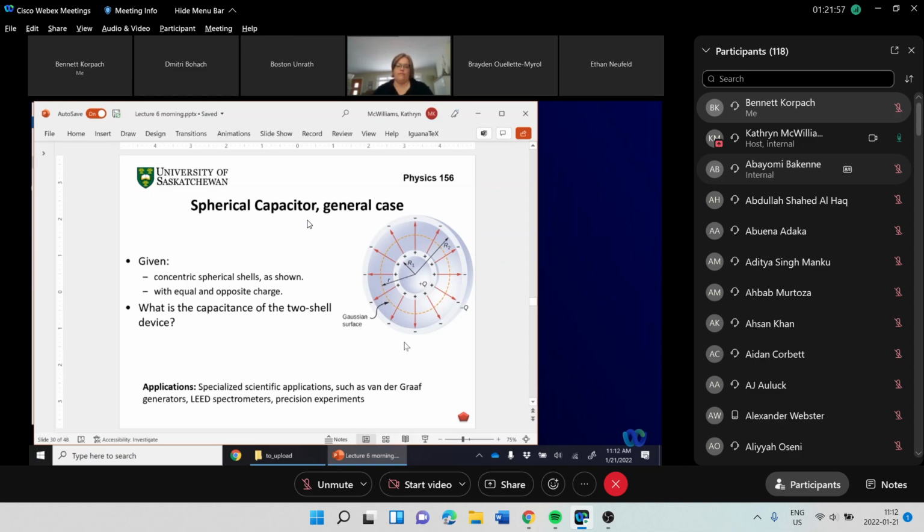We know the potential at each sphere, right? So we can figure out the potential difference between the spheres, and then we're good to go. We do the same thing, except instead of coming from infinity, we're coming from the outside sphere.